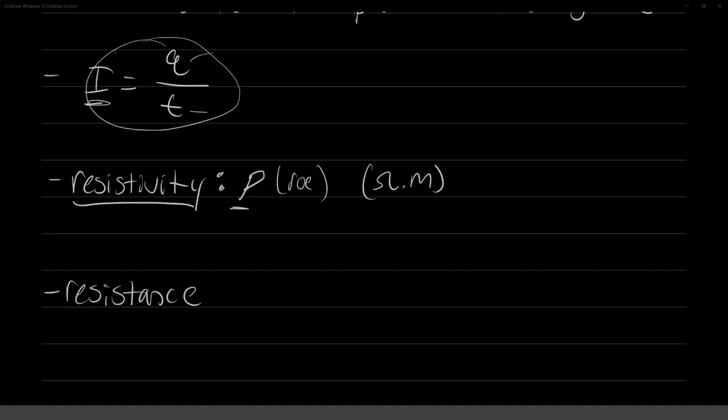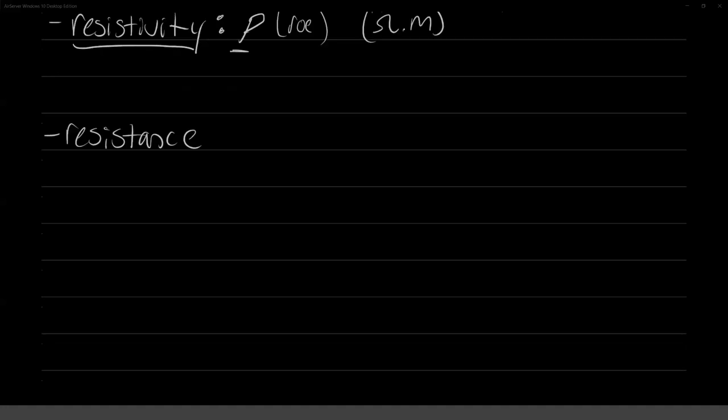There are a few equations that we use this for. Let's get resistance down first. For resistance we use the letter R, and the units are ohms, with this little symbol for ohms.